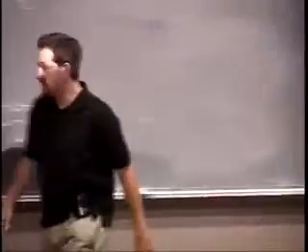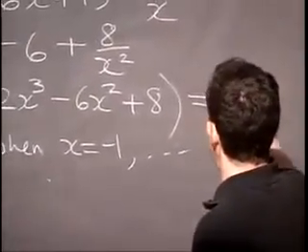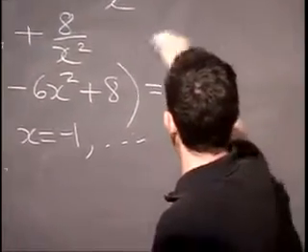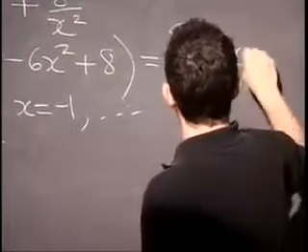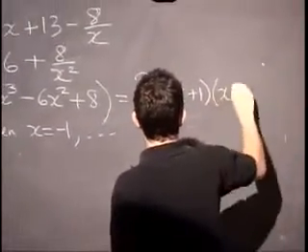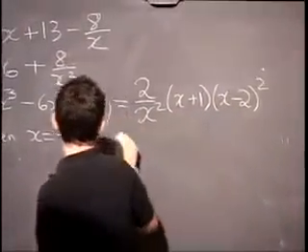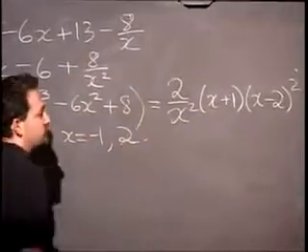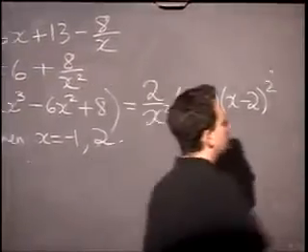So I could have factored this as 2 over x squared outside of x plus 1, x minus 2 all squared, and we see that x equals 2 is another solution. So we have critical points.